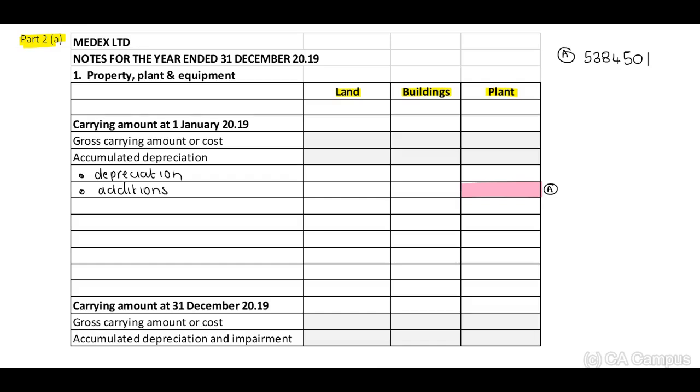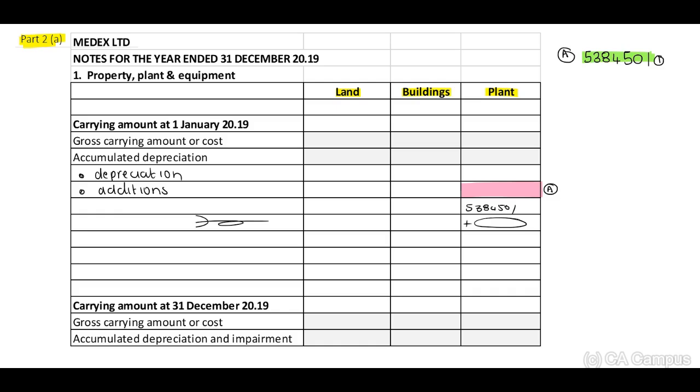You will identify that I've included a reference calculation A, 5,384,501, and we need to indicate that this is from my calculation number 1. But what is important to identify, guys, is if you did not remember this at this point of time, and you include the 5,384,501, and then another line item here, that there was a change in our IFRS 1, and therefore we've capitalized that change, you will still receive your marks.